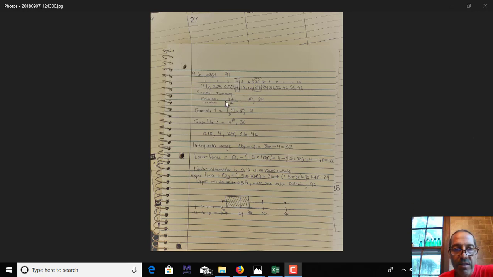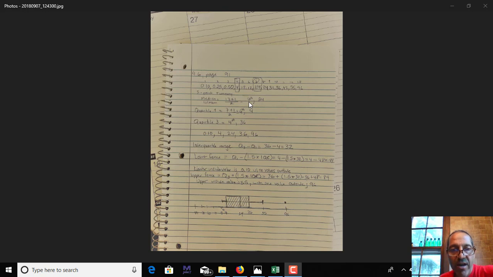The median is the value smack right in the middle. We have 13 values here, and because we have an odd number, we actually have an easy way of identifying the median. But if you didn't have an odd number, you still would have to figure it out. So you take the number of values, which is 13, add 1 to that, which gives us 14, and divide by 2 gives us 7.